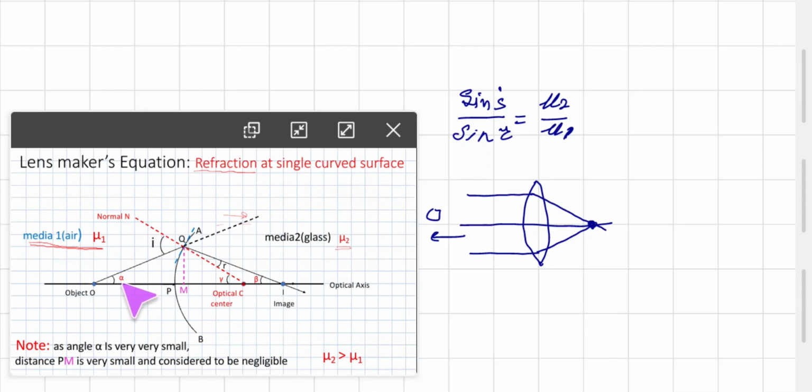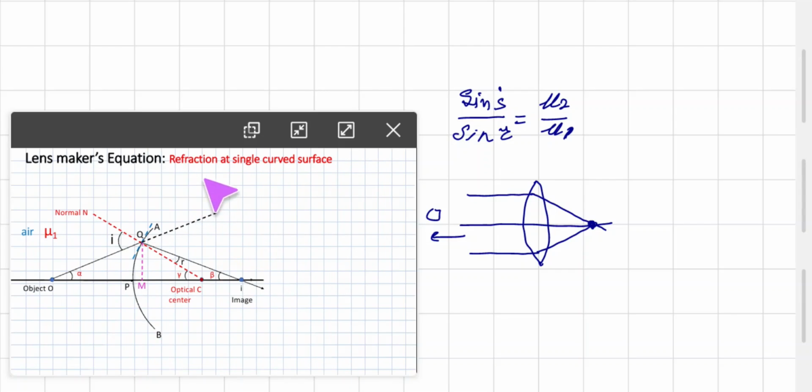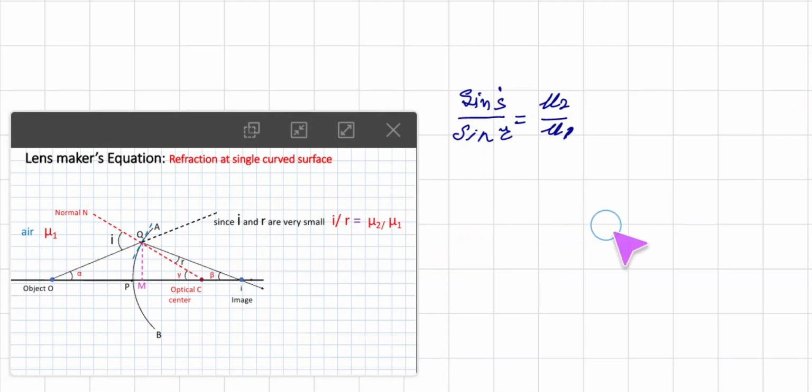So with the optical axis we get the angles alpha, beta and gamma, and there are two other angles, the angle of incidence and the angle of refraction. Now from the figure, since I and R are very small, and we are telling you many times that I and R are very small.